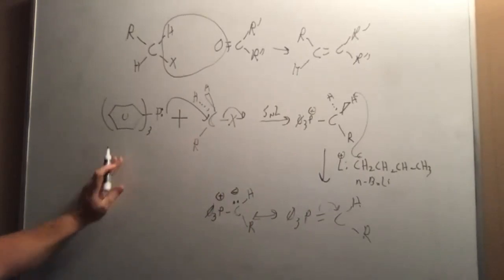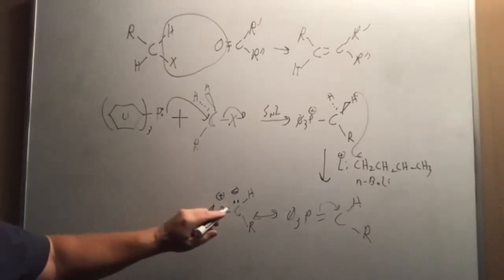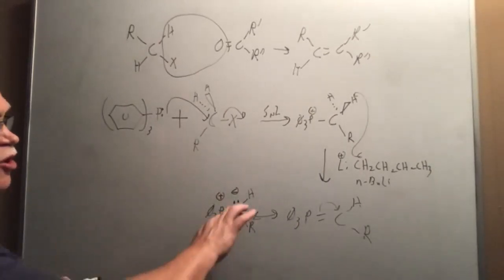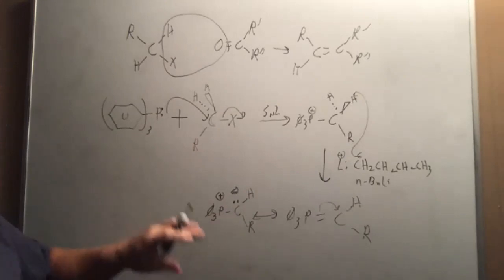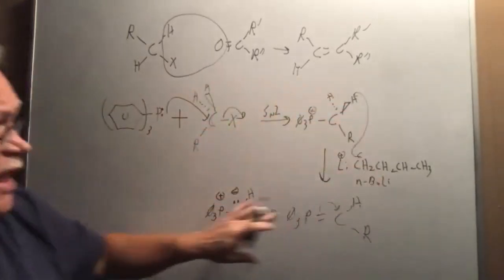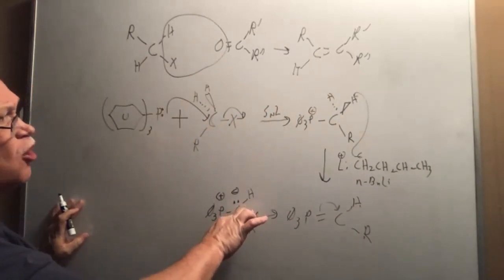This is a resonance structure, but it's an important one, because now notice the carbon atom has a negative charge on it. So this whole process was to be able to give this carbon a negative charge.